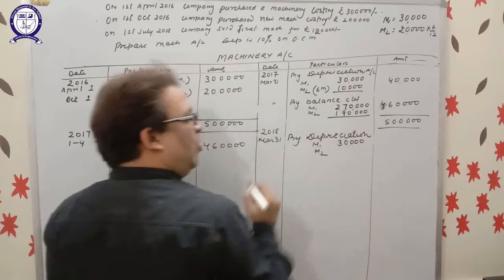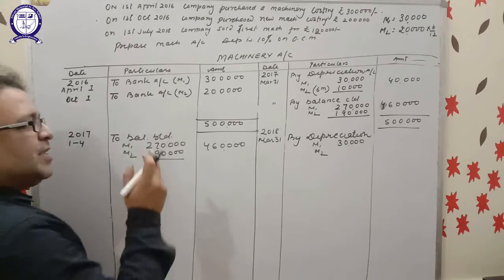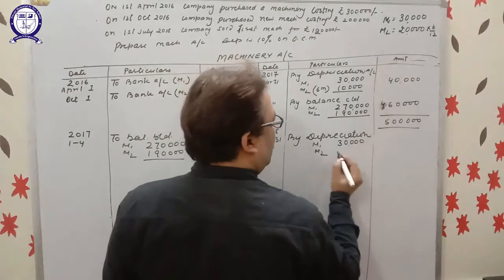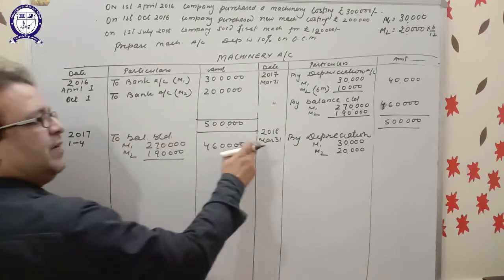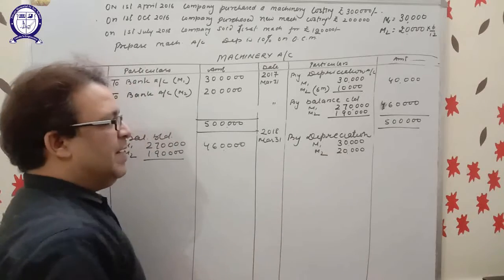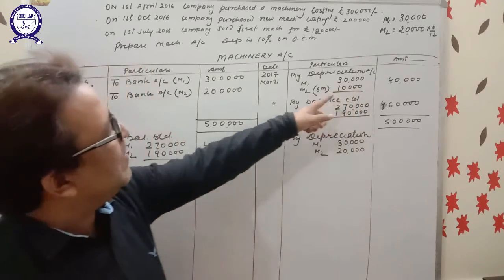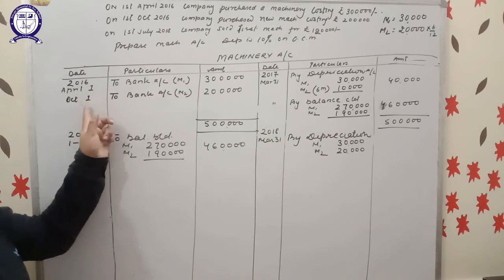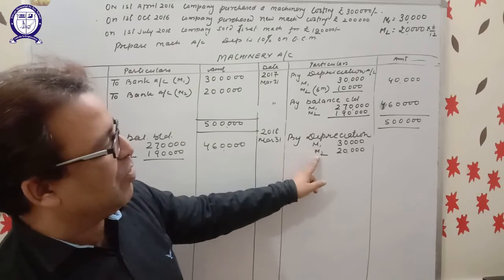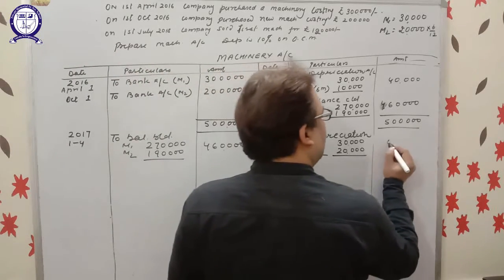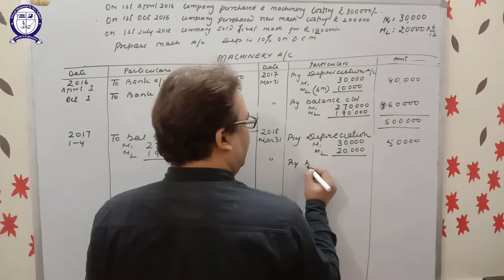For the full year, on the first machinery, 30,000 will be recorded, and on the second machinery, now 20,000 will be recorded, from 1st April to 31st March for the full year. In the previous year, 10,000 was recorded just because we purchased the machinery in the middle of the year, for 6 months. Now full year depreciation will be recorded here. So total depreciation is 50,000, by balance c/d.